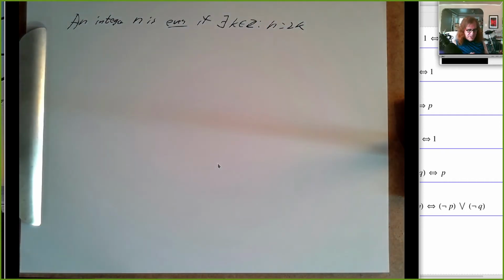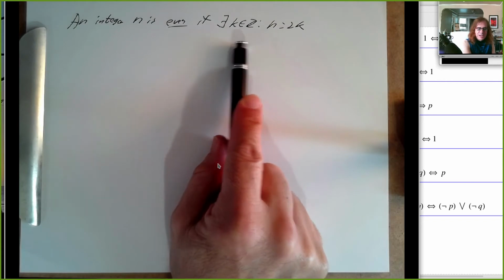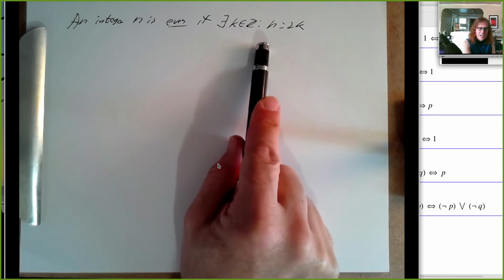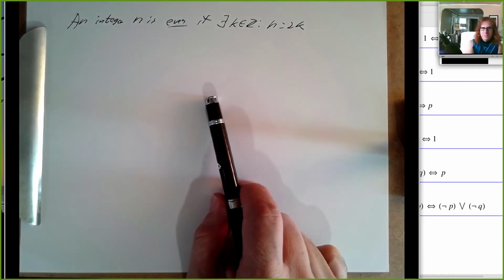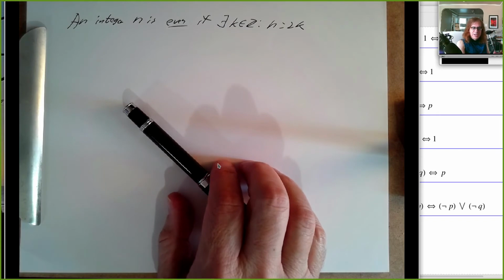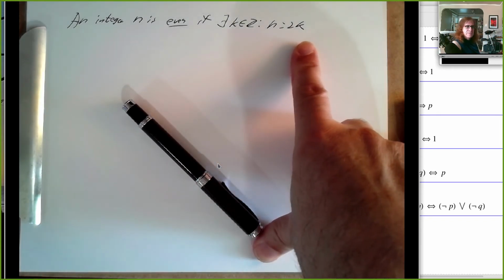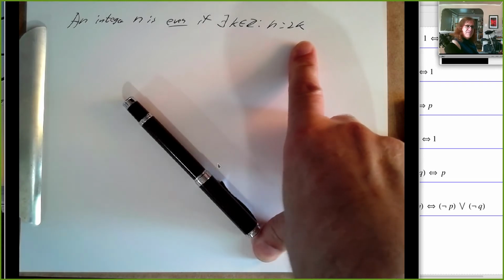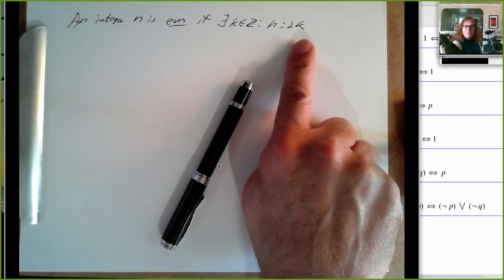And so I'm throwing in some of our symbology from past classes. An integer n is even if there exists an integer k, right, k in the set of Z, such that n is equal to 2 times k. So 10 is even because we can write 10 as 2 times 5. Negative 50 is even because we can write negative 50 as 2 times negative 25.